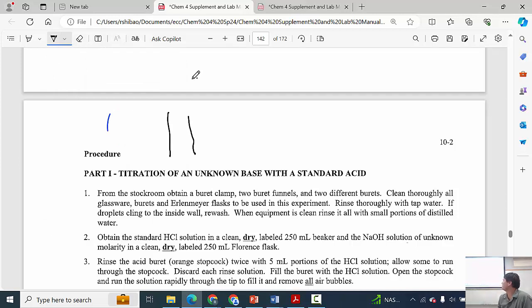This is going to be V initial for the acid or the base. And so we get V initial here, and then we're going to see a 0 milliliters here, and then 0.1, 0.2, 0.3, 0.4, 0.5, 0.6, 0.7. Each of these are at 0.1 milliliter intervals.